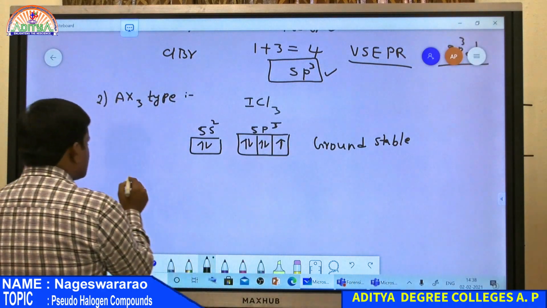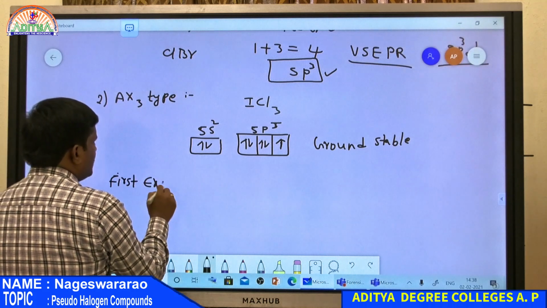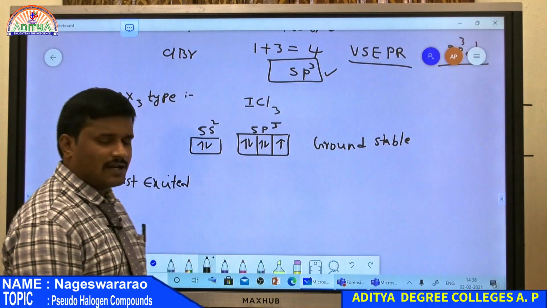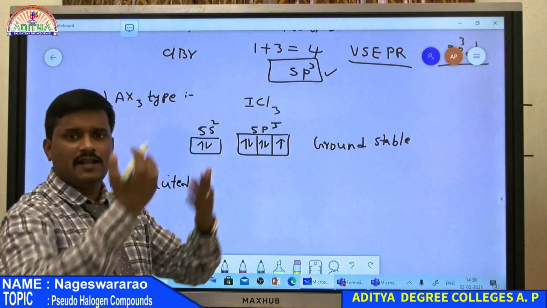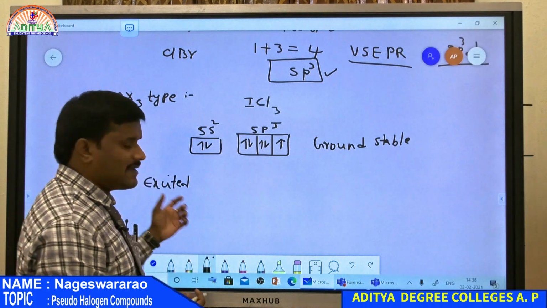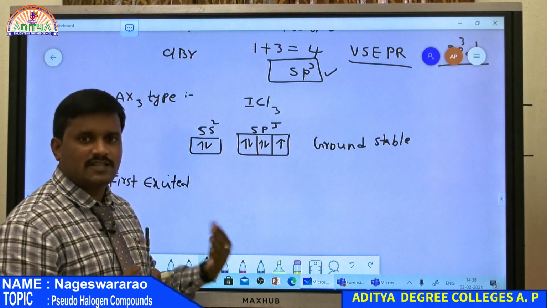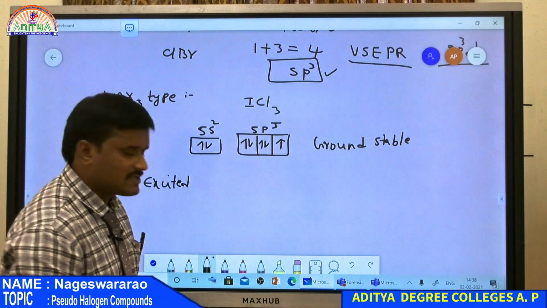Now in the case of the first excited state. What does excited mean? Excited state means an electron undergoes a transition from the ground state to a higher energy state. If the electron is promoted to the next one, then it is the first excited state. If it is promoted to the second higher energy level, then it is the second excited state.